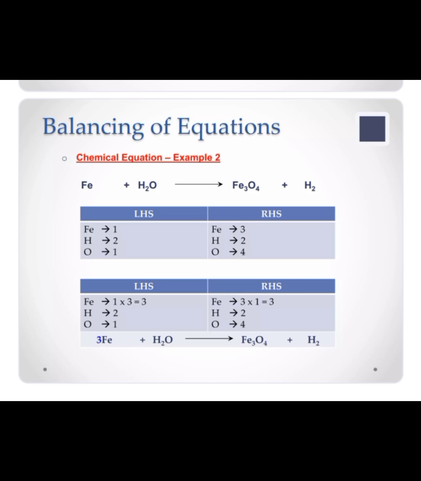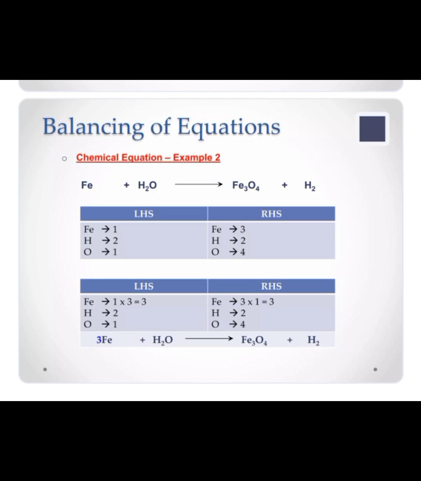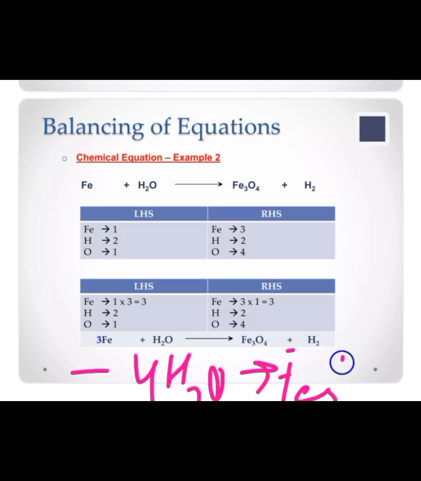Now the final equation: 3 iron atom and 4H2O gives Fe3O4 plus 4H2 is the answer of this equation.